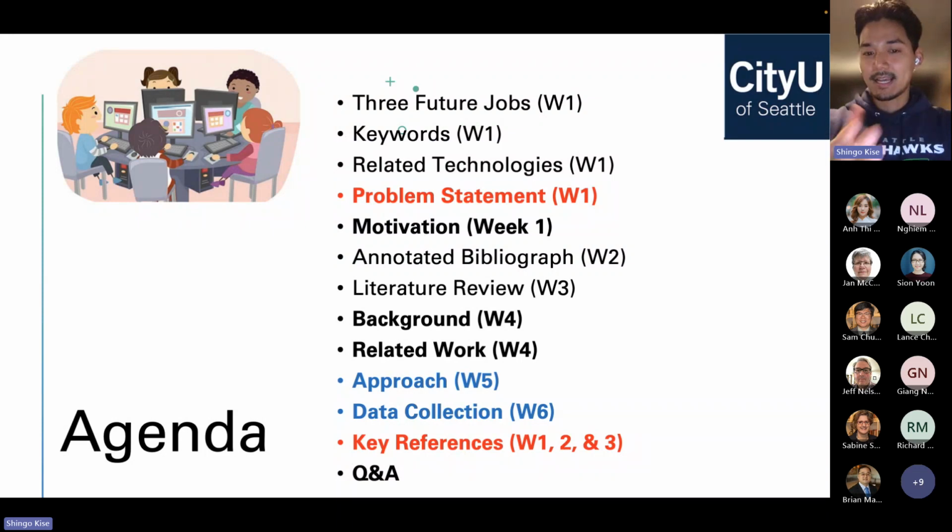That's also what the literature review is. Week 4, talk about background and related work, and then how you're going to approach those problems, or the things that you want to define. In week 5, we haven't done that yet. In week 6, there will be data collection. So as you can see, there's a lot to do.